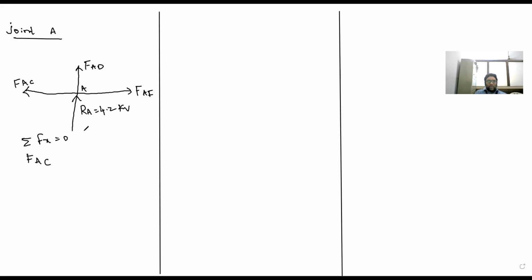Here the left direction is negative and this direction is positive. So minus FAC plus FAF. What else do we have? We have a horizontal force also in this direction. You need to write it. HA is equal to 2.4 kilonewton.